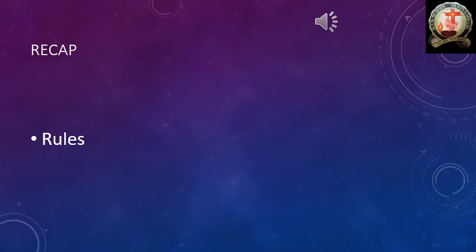Now the third one: small letters are used as symbols for units not derived from a proper noun. This is the third point. Whenever we are using units like meter or kilogram, the meter is not a scientist's name, and kilogram is also not a scientist's name.